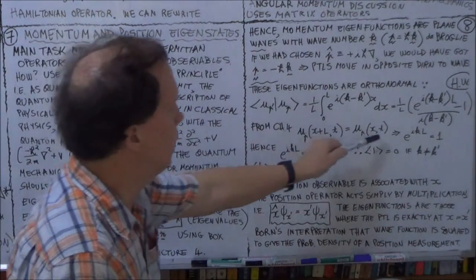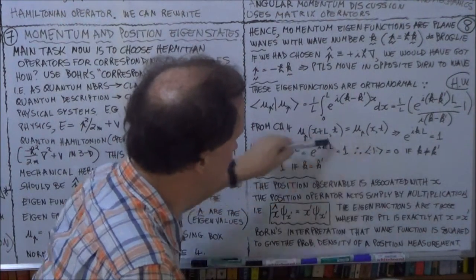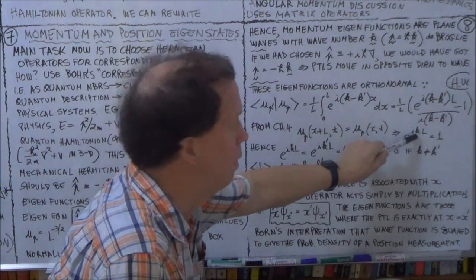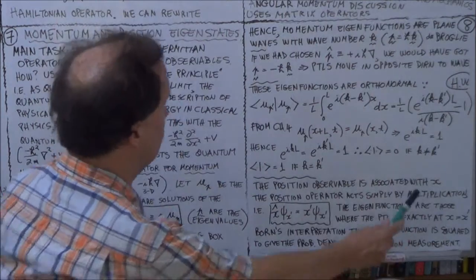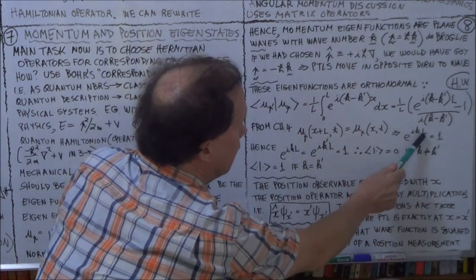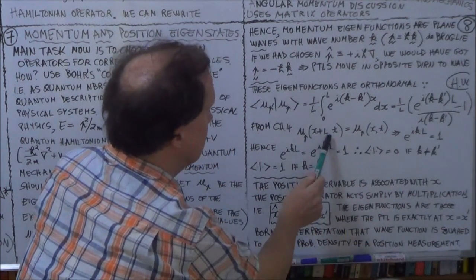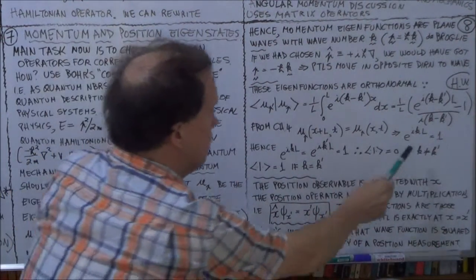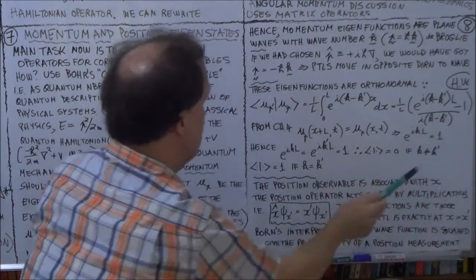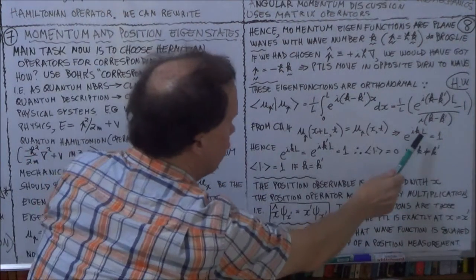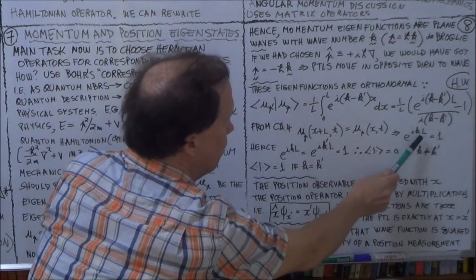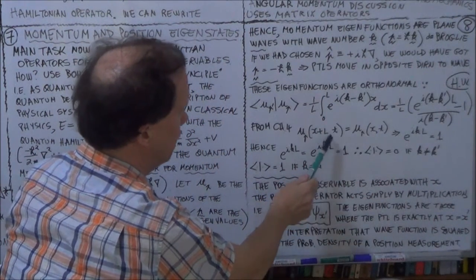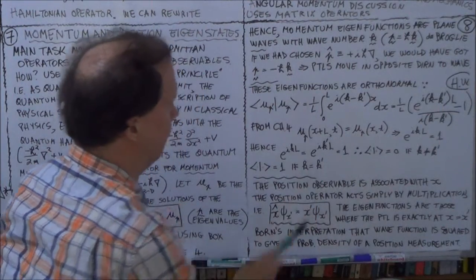I haven't put in all the lines, there's a jump from this to this, but go back to chapter 4 and refresh your memory if you need to. What we're going to need is this e to the i kL is 1, where L is this repeat length. It doesn't really matter what the k is, it's the L that's important. So e to the i kL is the same thing as e to the i k dashed L, and it equals 1.